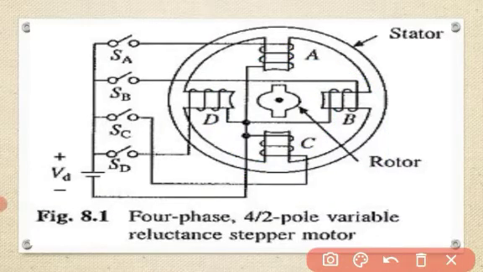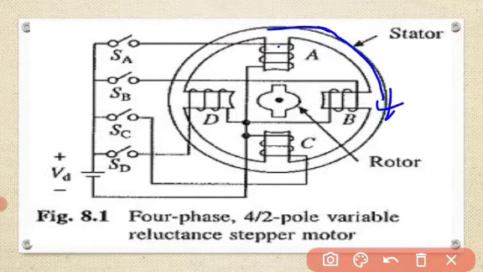Now the next step is a discussion step. If I want to reverse the rotor direction, what do I have to do here? I have excited A, then B. When I am exciting B, A is de-energized.